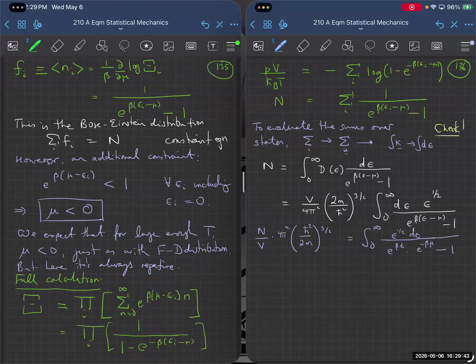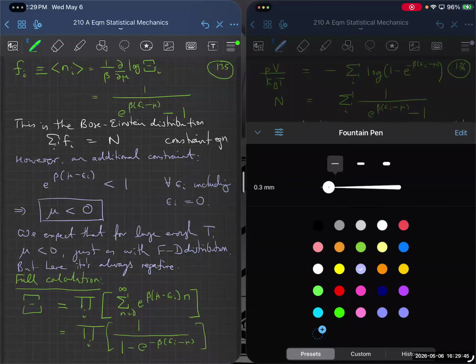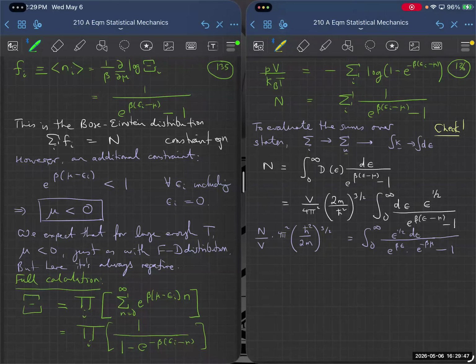Now I've written it in this way to drive home for you what it is that the chemical potential does. So let's have a look at the left-hand side. Here is this left-hand side, and this is just a constant. Now the right-hand side, you can see that it has a beta in here and a beta in here.